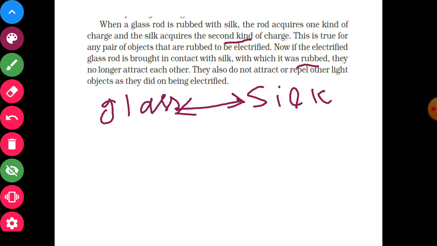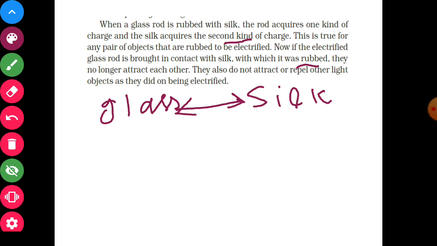Whatever charges were established, they will transfer or neutralize each other's effect. So they will not attract each other.